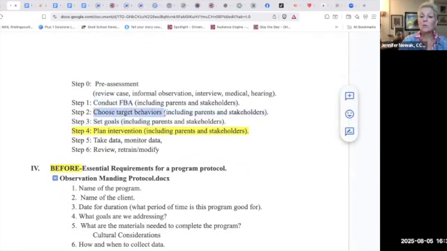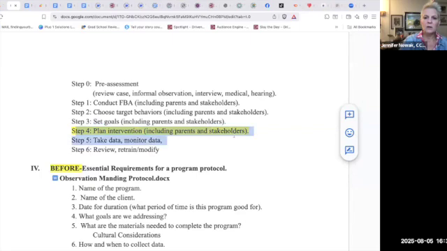The target behavior was the functional communication, which was still important to the parents and the stakeholders. And we set a goal because her language skills are still very early learner. We set a goal to use pictures, and I believe 20 or so pictures is what our first milestone number is going to be. So we've done all of that.